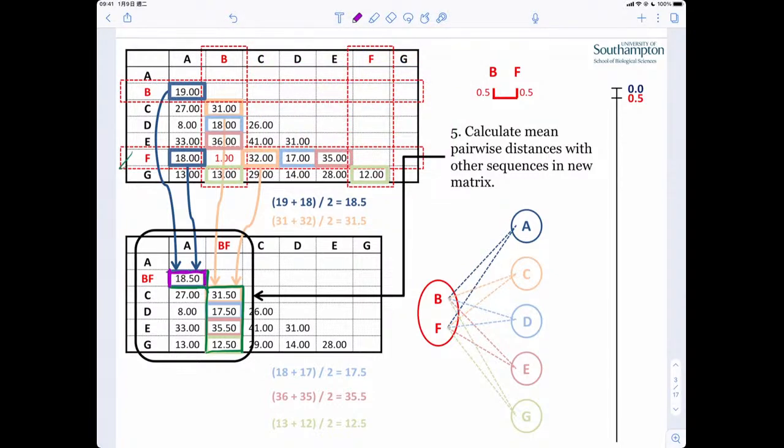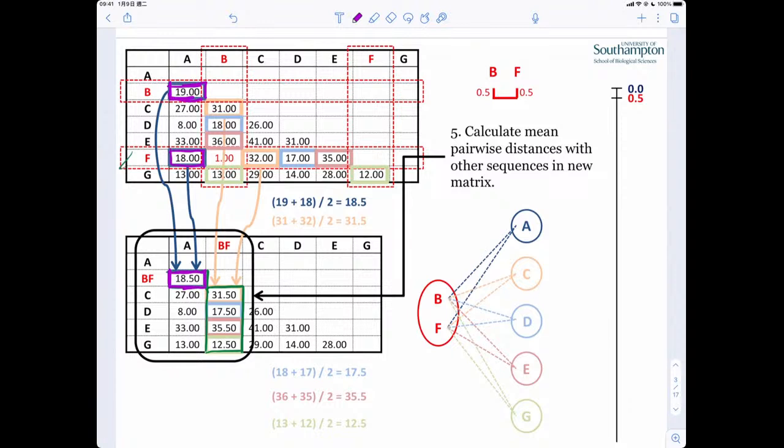The distance between A and BF. How do we find the value to fill in this cell? Then we think about the original cells. Originally, the distance between A and B is 19, and between A and F is 18.